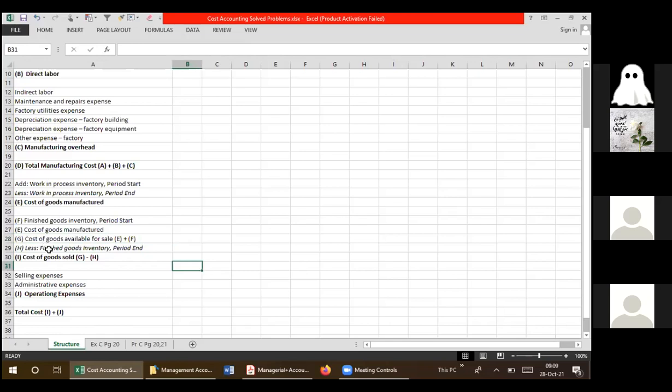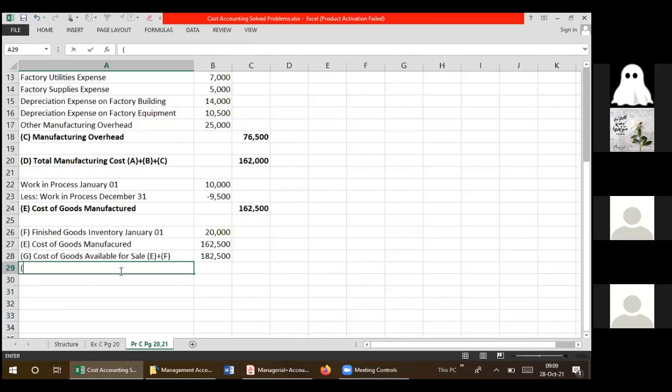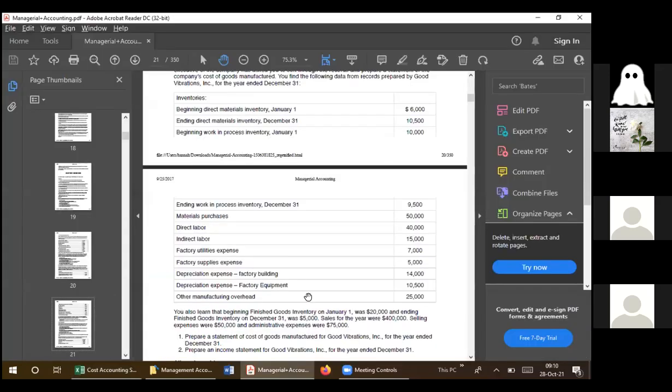Next, you have point number H, that is reduce finished goods inventory at period end. So point H here. Finished goods inventory December 31st, $5,000.